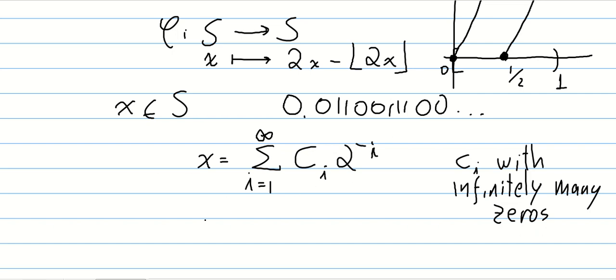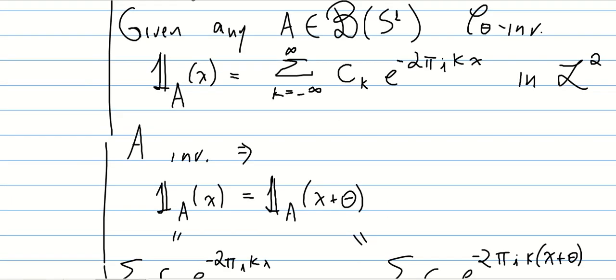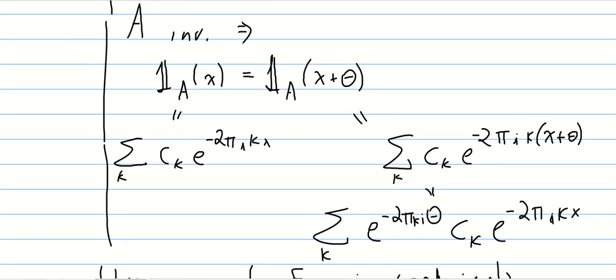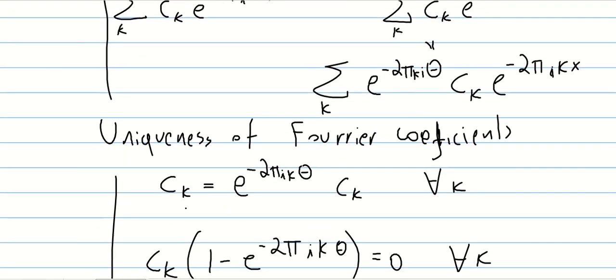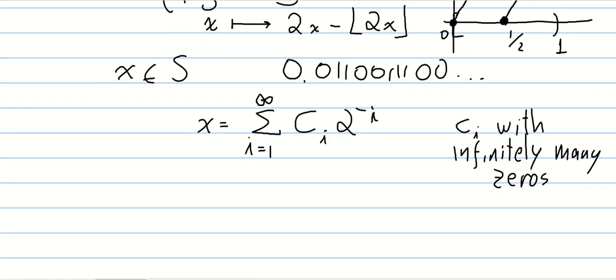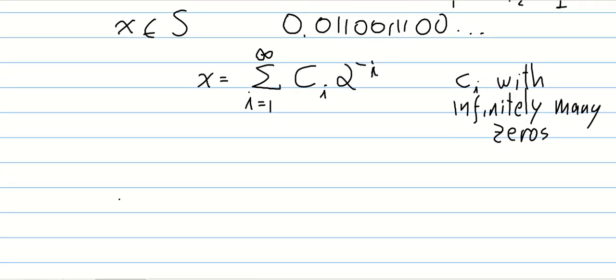So all we have to do now is understand how phi acts on these coefficients. That's exactly what we did in the Fourier case: we understood how phi acts on the coefficients. We're going to do the same here. So phi is 2x minus the integer part of 2x.